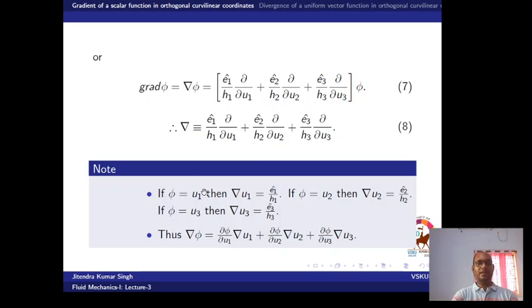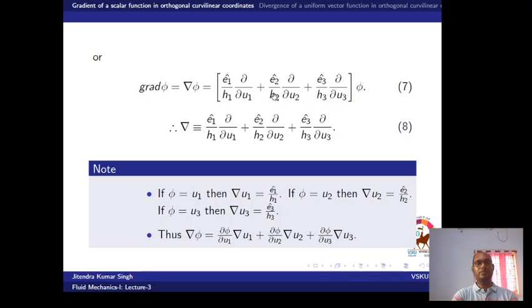Now if phi is equal to u1, then grad of u1 gives e1 by h1 dou u1 by dou u1, which is 1, plus e2 by h2 dou u1 by dou u2, which becomes 0, and e3 by h3 dou u1 by dou u3, which is also 0.